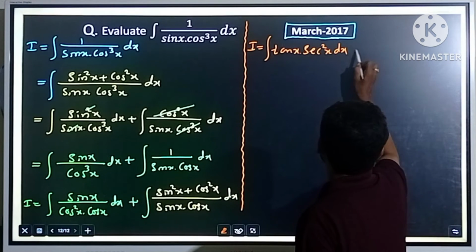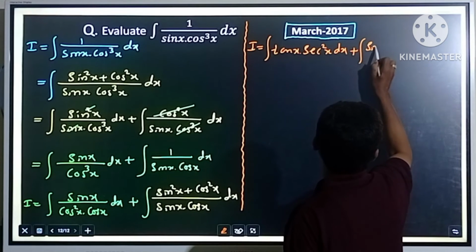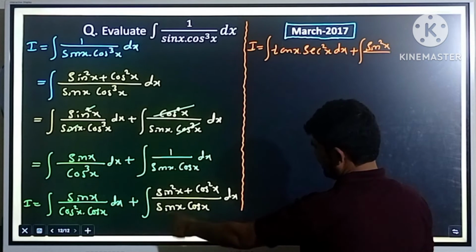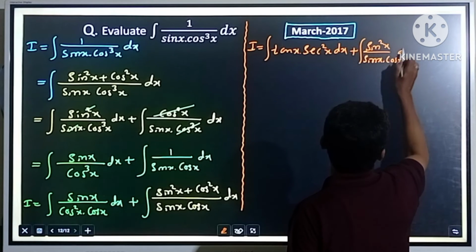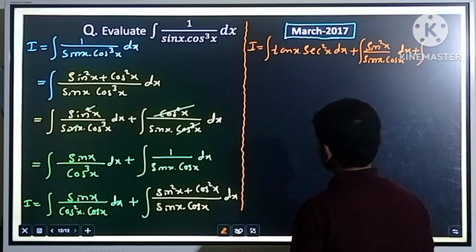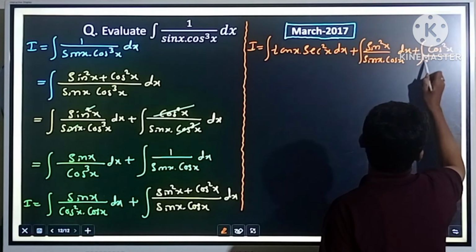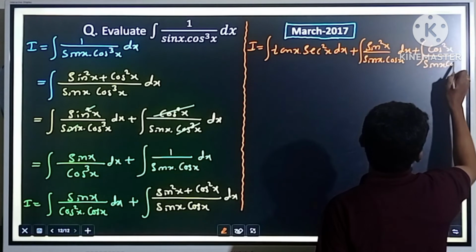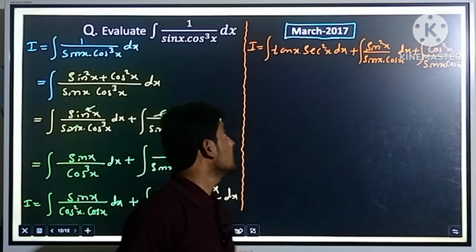In the next integral, again the same thing, separate: sin square x divided by sin x into cos x with respect to x plus integration of cos square x divided by sin x into cos x with respect to x. I hope all of you are understanding.